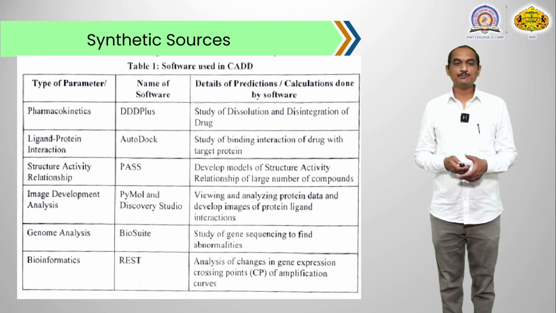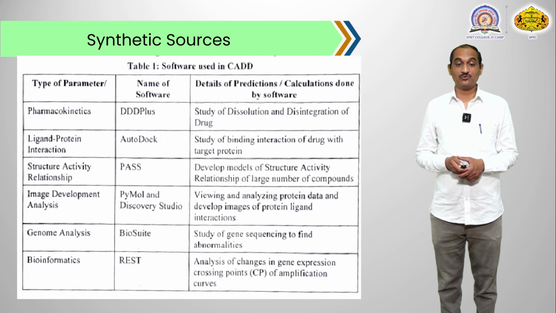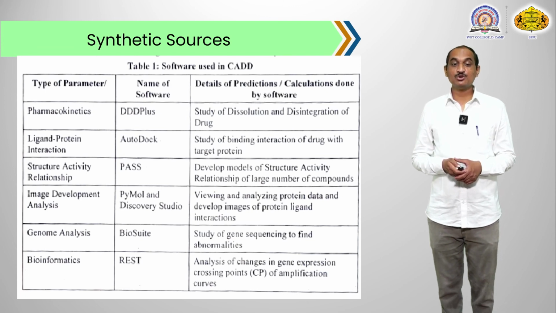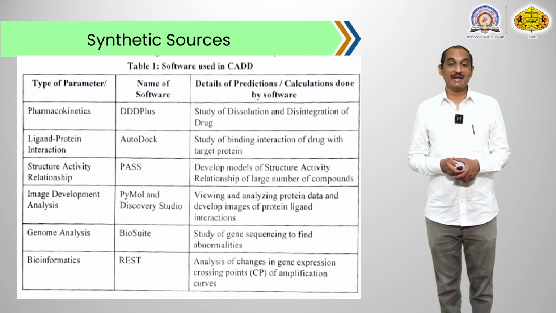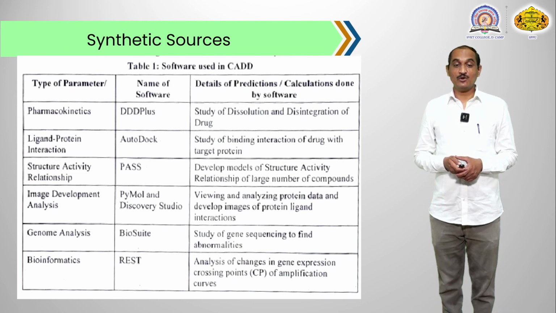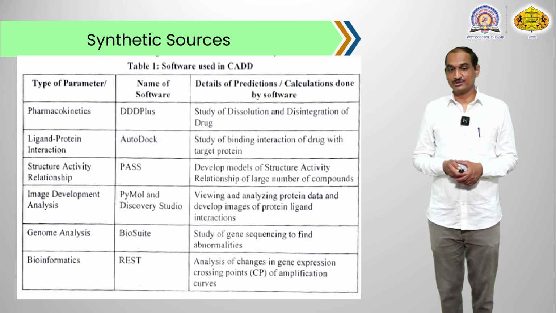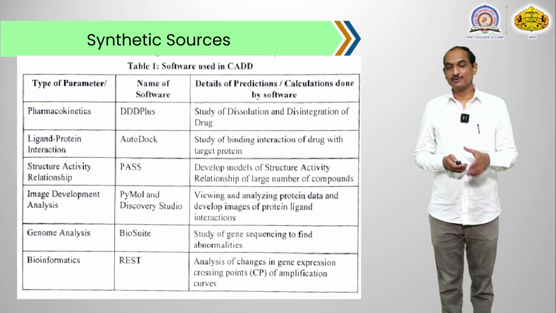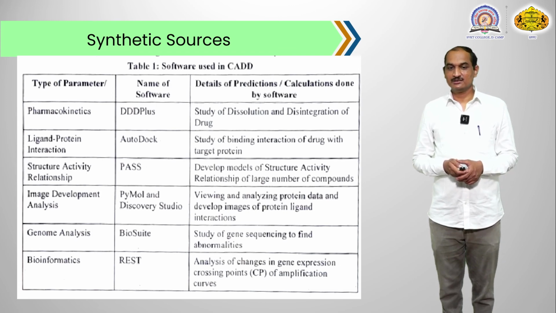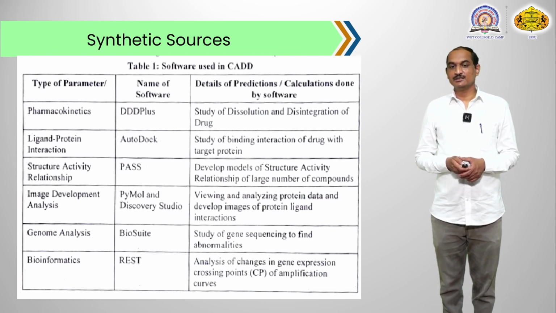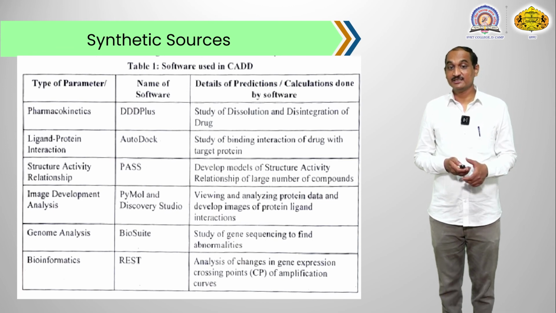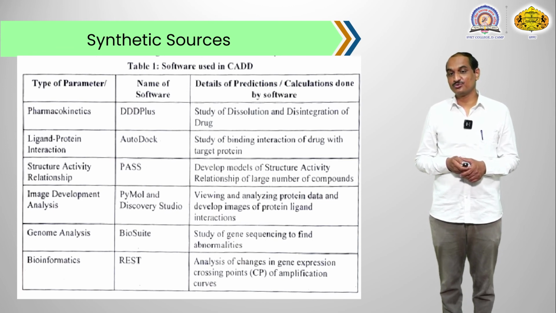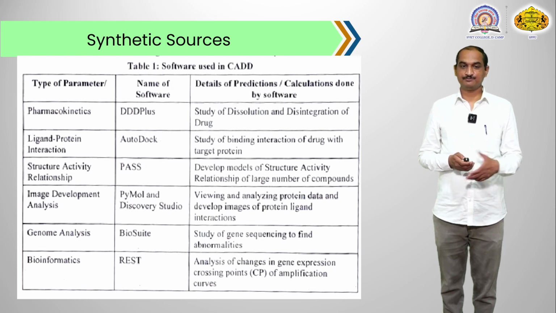Another important parameter is genome analysis, and the software used is BioSuite. From that study we can do genome sequencing to find abnormalities.